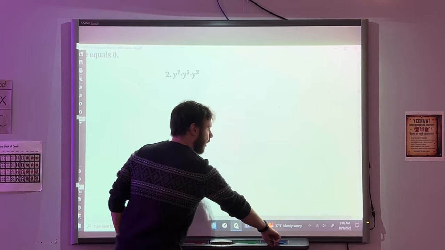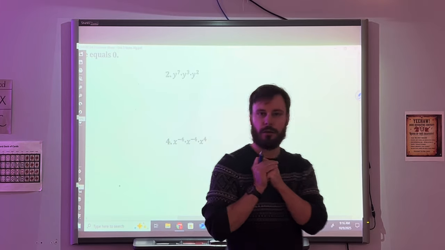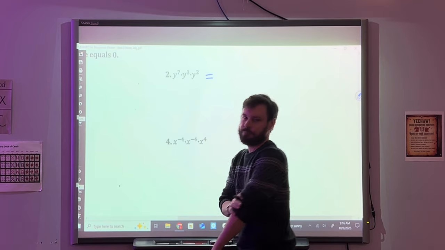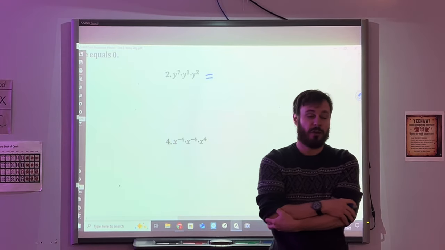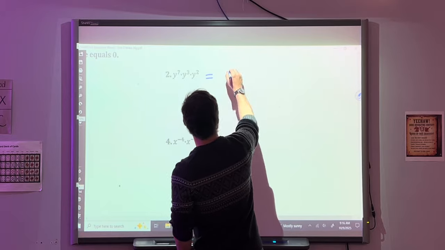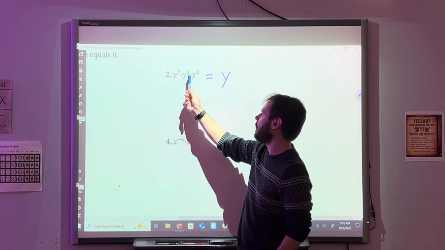Right here, we're trying to simplify, which means we're going to combine. We want to take all of these and shove it together. When we multiply with like bases, we add the exponents together. So we have a base of y, and it's simply 7 plus 3 plus 2.